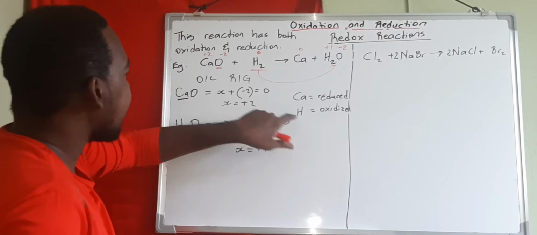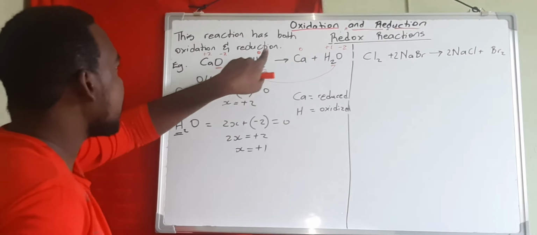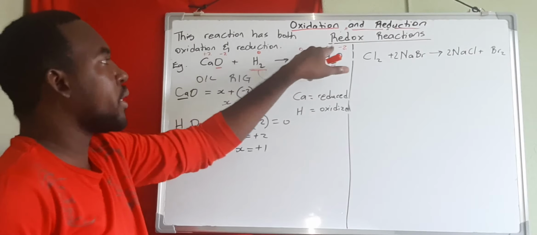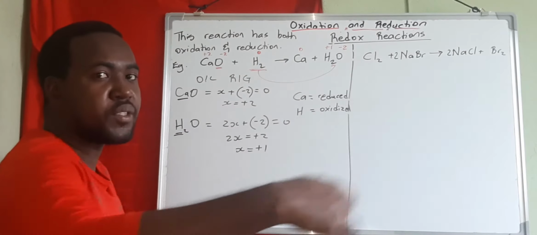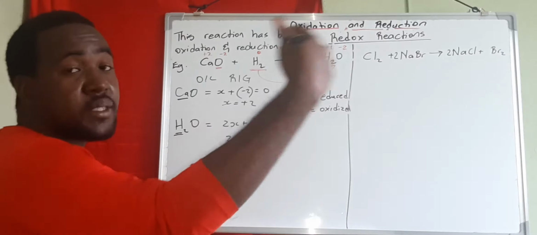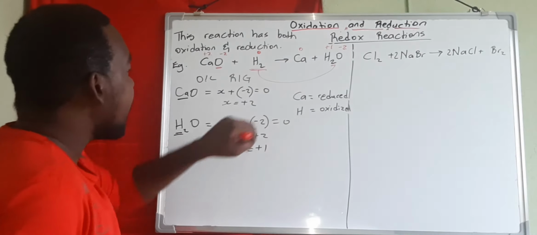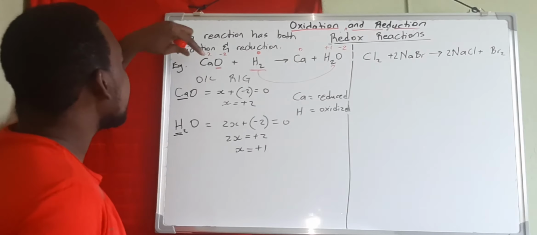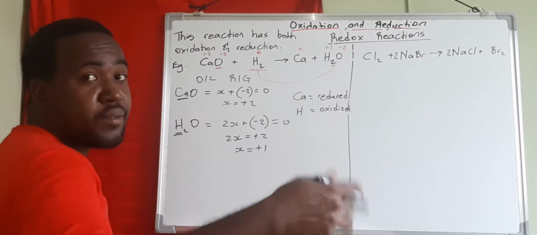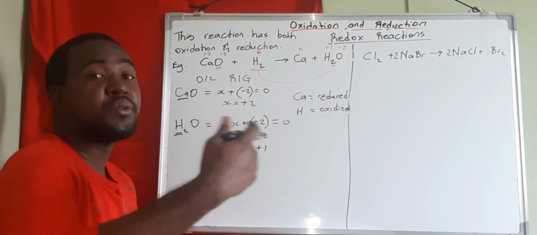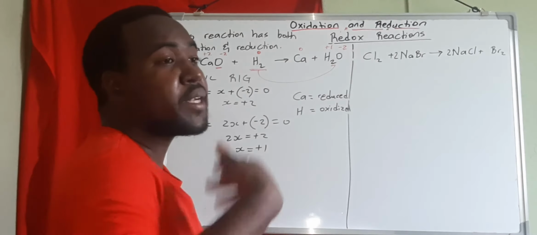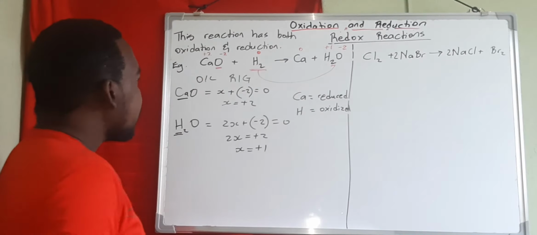The hydrogen lost electrons because it is moving from 0 to a positive number, and when you lose electrons, you become a positively charged atom. And calcium is reduced because it was an ion, +2, then became 0. So it gained electrons to become 0 now.